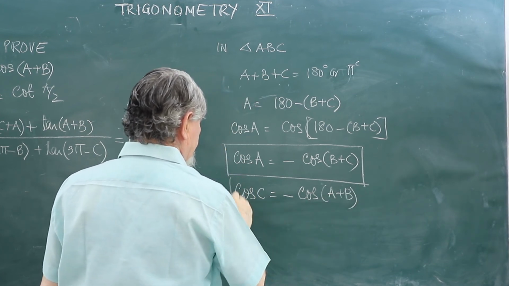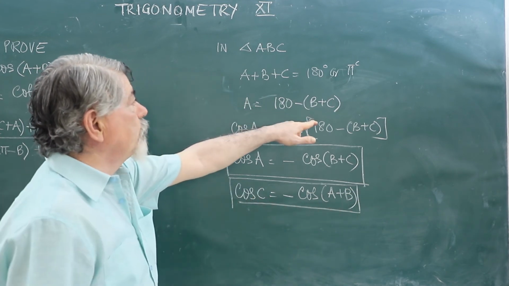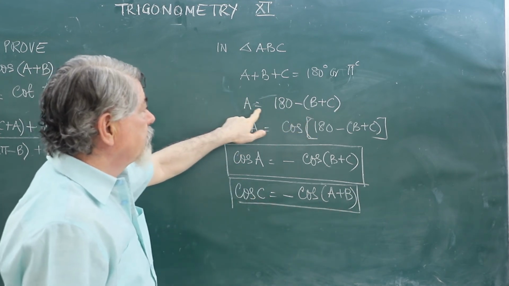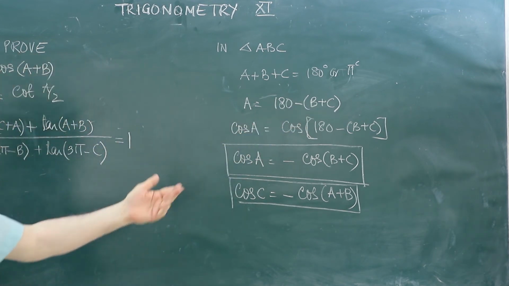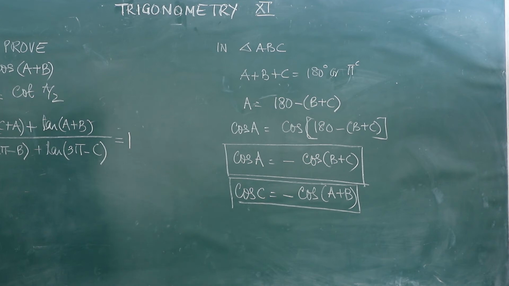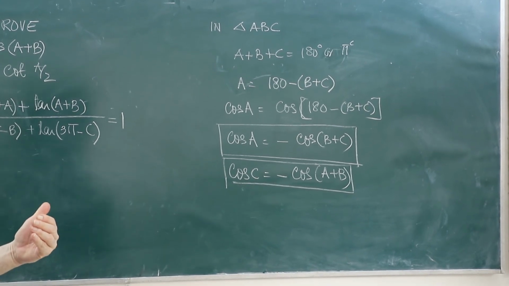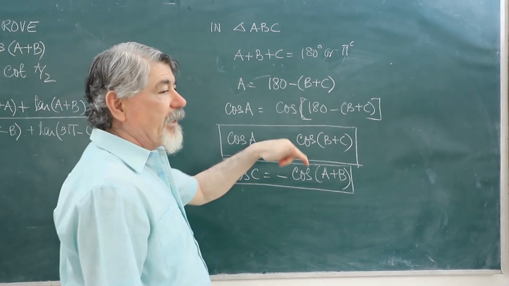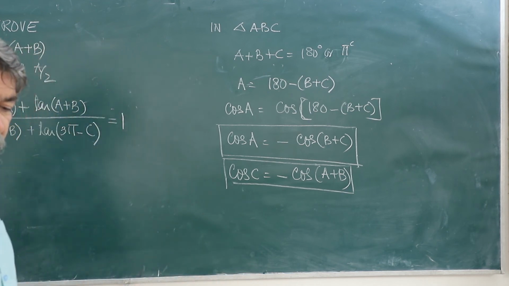Instead of writing A is equal to 180 minus (B plus C), I could have written C is equal to 180 minus (A plus B), and we could have obtained cos C is equal to minus cos (A plus B), or cos A is equal to minus cos (B plus C). Whichever two relations you take, cos 180 minus theta will be minus cos theta. So this is the first relation which we obtained.